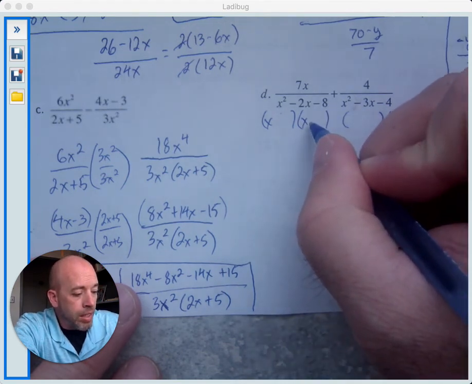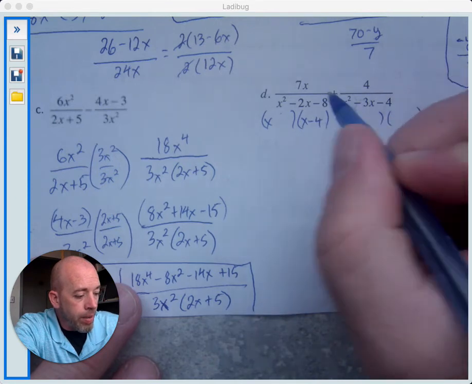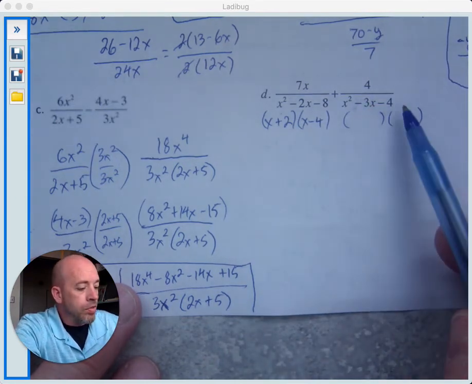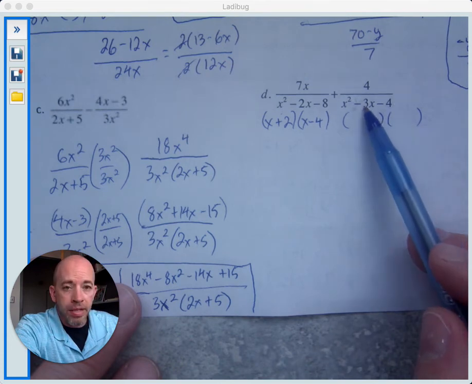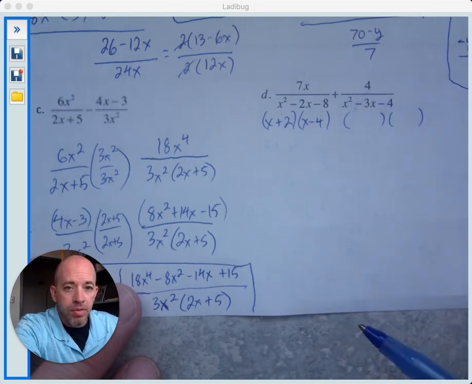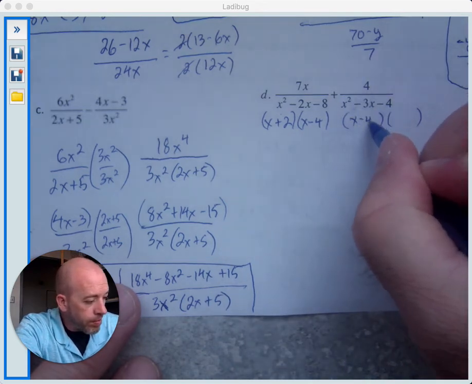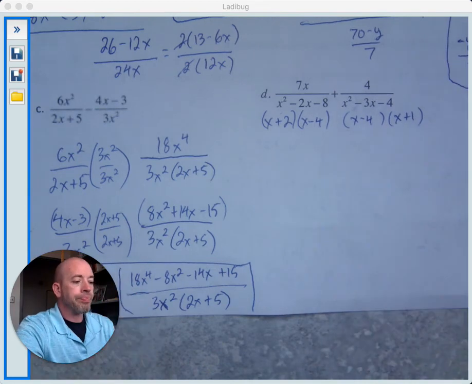We need a negative 4 and a positive 2 would work. 2 factors of negative 4 that add up to negative 3. So what do we need there? We need a factor of negative 4 and positive 1, right?